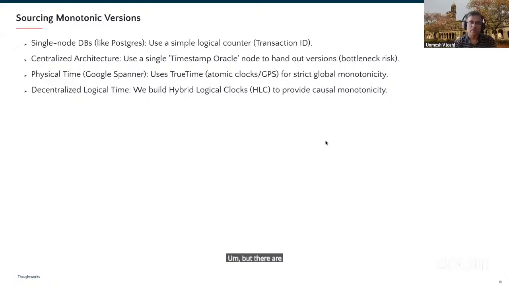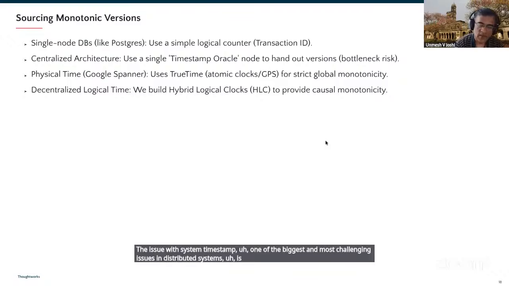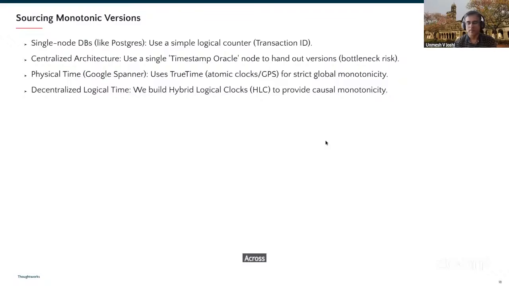But there are issues with system timestamp, and that we'll see now. One of the biggest and most challenging issues in distributed systems is that across two nodes, there is absolutely no guarantee that they will have the same timestamp, or that their timestamps will progress in exactly the same steps.